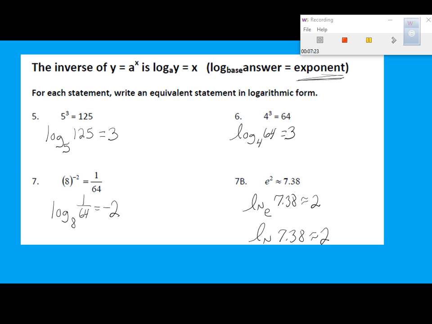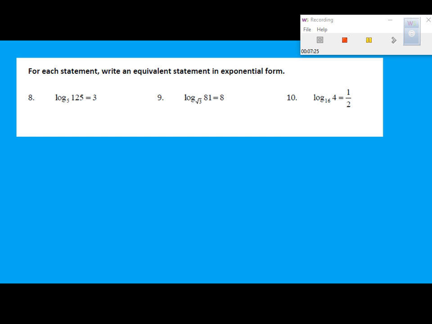Now, of course, I'm going to go backwards. I'm going to give you a logarithm, and I'm going to ask you to write it as an exponential. Well, if you can remember base, exponent, answer, you've got it whipped. So in this case, 5 to the third equals 125.